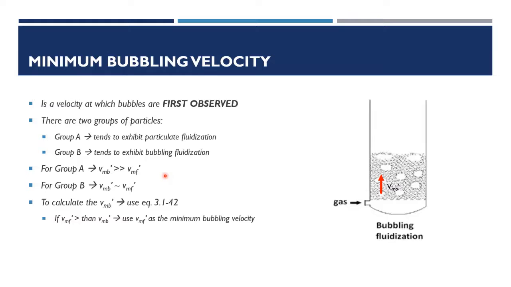Ya, jadi kalau minimum bubbling velocity Anda itu lebih kecil daripada minimum fluidization velocity Anda, pakai minimum fluidization velocity Anda itu sebagai minimum bubbling velocity. Karena tidak masuk akal jika bubbling terbentuk sebelum adanya fluidizing.